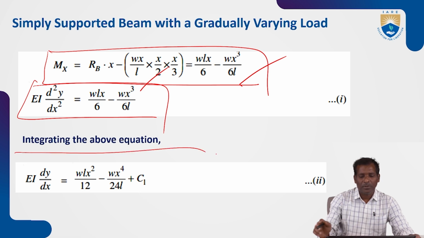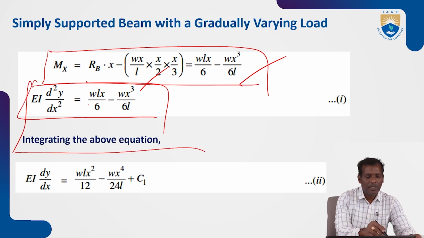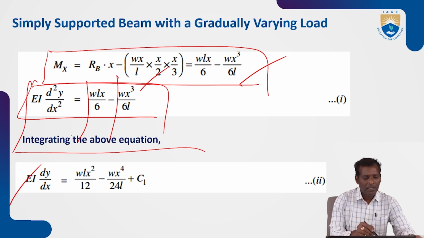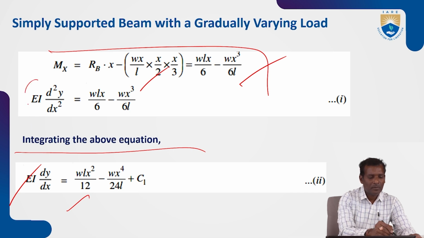So integrate the above equation. After integration, you will get EI dy by dx equal to WLx square by 12 minus Wx to the power 4 by 24L plus C1.